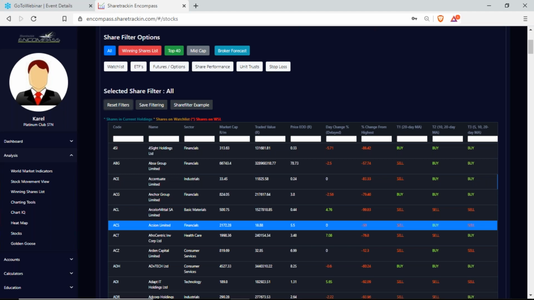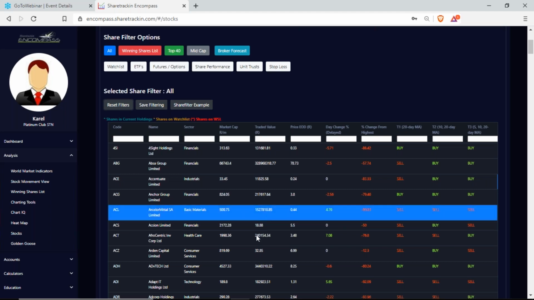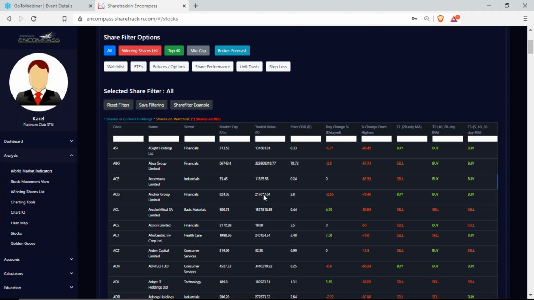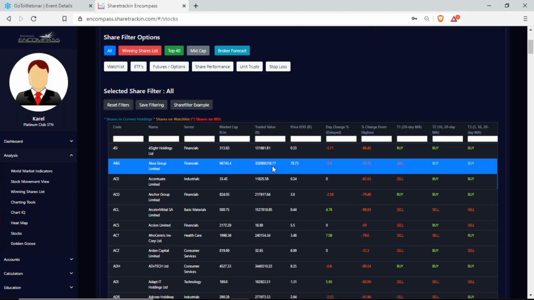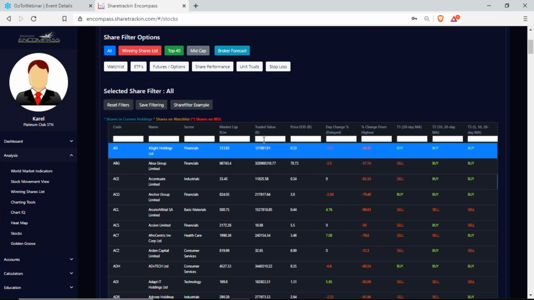If I were to open that graph, that share would be dead. In other words, there's not a lot of movement going on there. But take a share like ABSA, for example, there's a lot of movement going on there. Understand? So the next thing would be to filter out shares that don't perform well in a month's time.